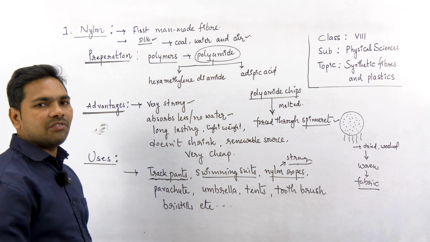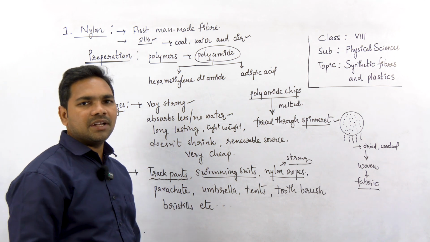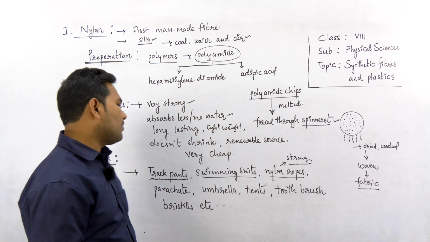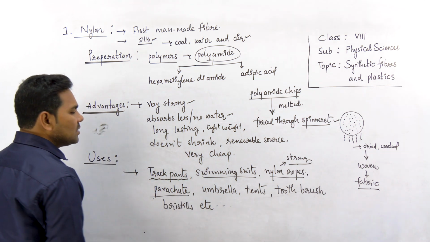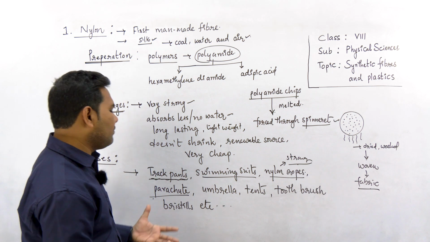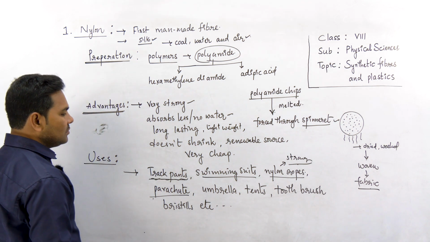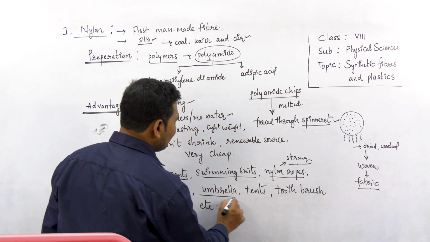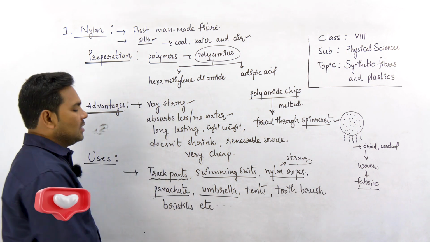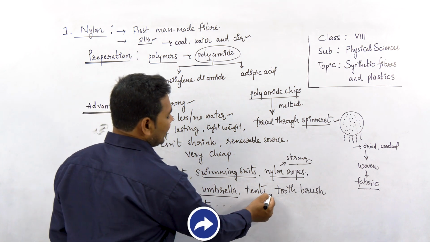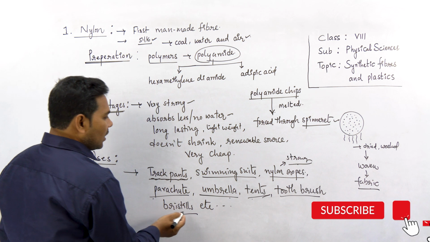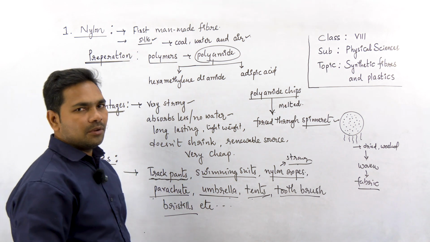How strong nylon fiber is, we will discuss in an activity, and that will help you understand how strong nylon fiber is. To make a parachute, the fiber should be very strong and it should withstand the resistance of air. Next, umbrella, where water resistance is mainly used. Then water resistant tents, and toothbrush bristles are made using nylon, right?